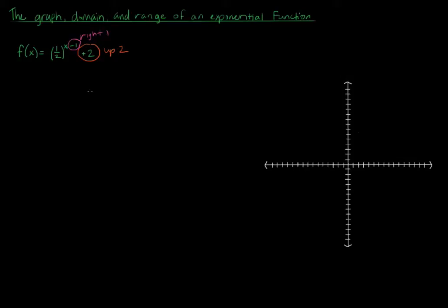If we think about that shift, we can remember that to go up 2, we're going to have our asymptote at positive 2. So let's go ahead and do that.